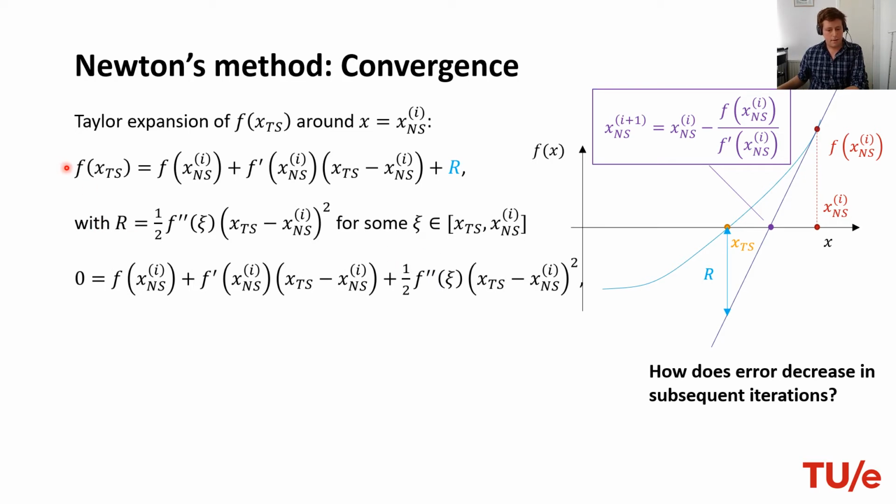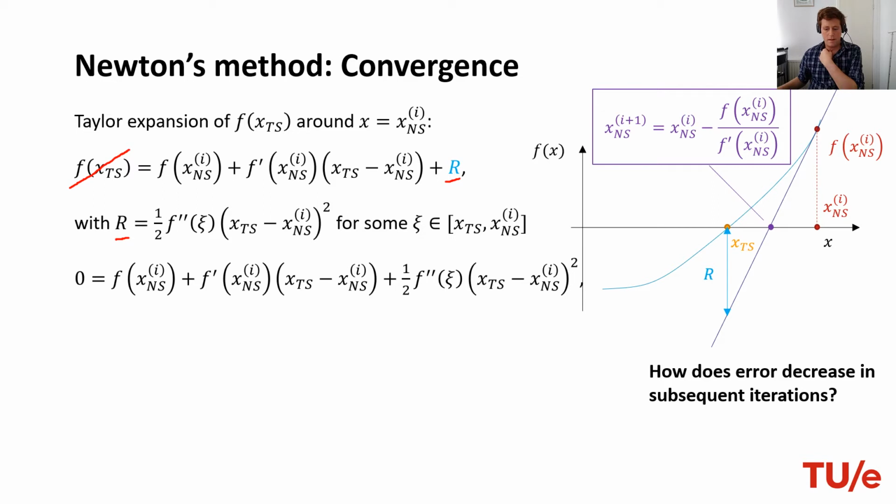Okay, so starting from this Taylor expansion, we can proceed by realizing that f evaluated at the true solution is simply equal to 0, and by filling in this remainder term into the right-hand side of the equation. So then we come up with this formula over here.